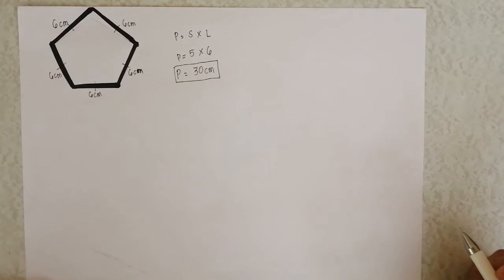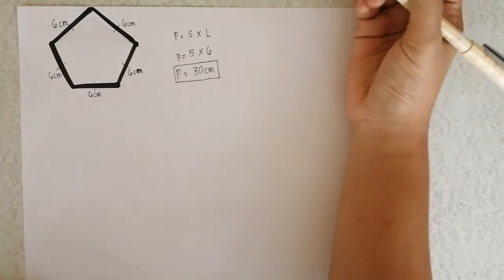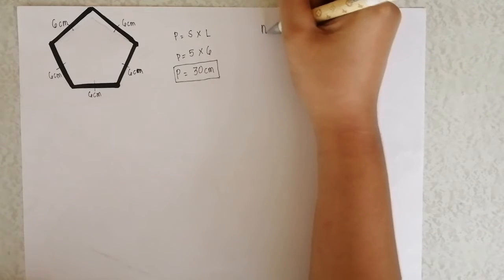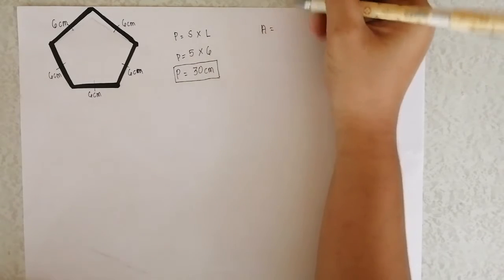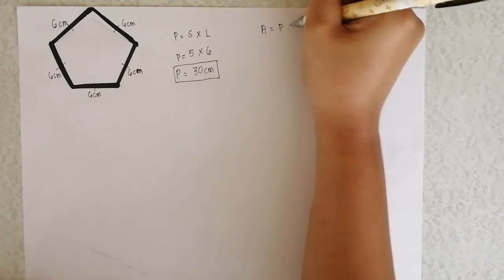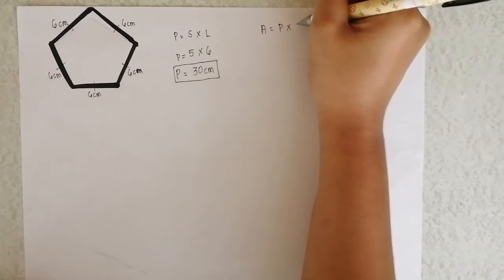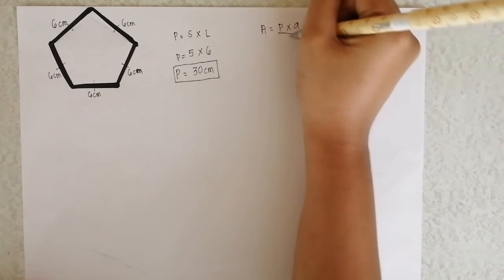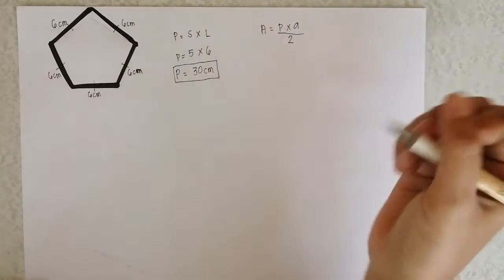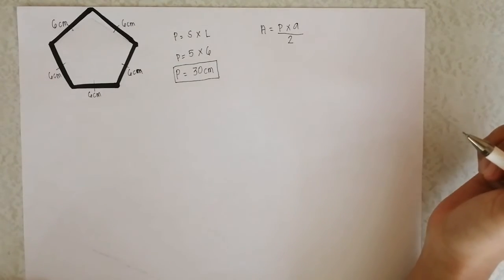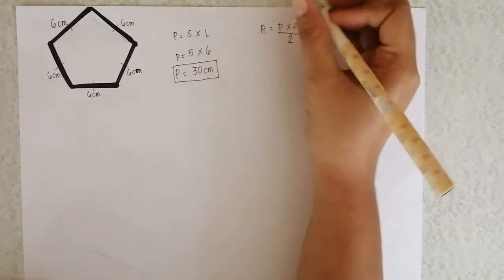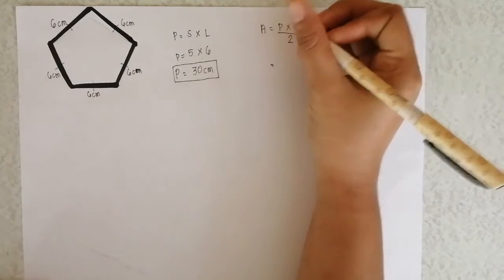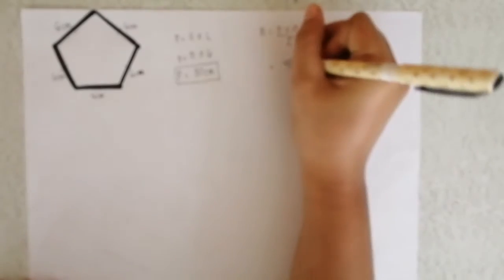In getting the area of this regular pentagon, we'll use this formula: area is equal to perimeter times the apothem divided by 2. We already have our perimeter, which is equal to 30 centimeter.